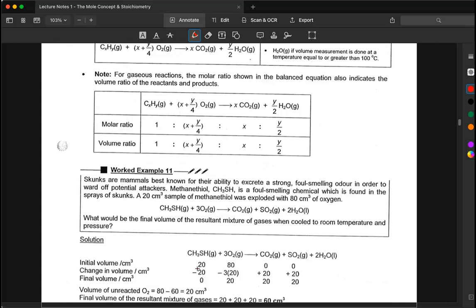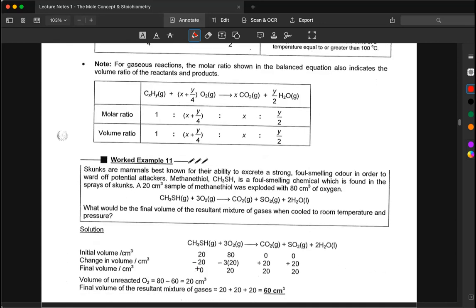And you can do this the ICF method, initial change and final. So initial volume of this is 20, 80, 0, 0. But you only need to react 60 of it.